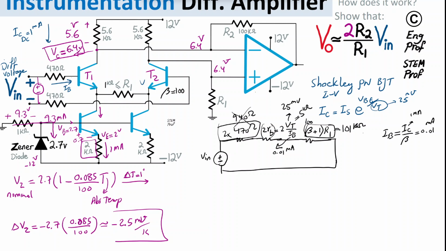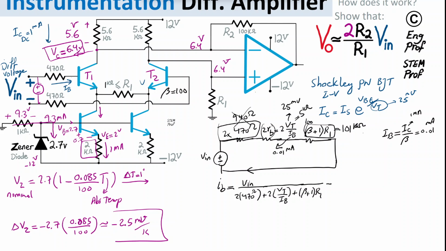In summary, even if we consider beta more than 100, which is usually the case, the current that flows through the base because of Vin can be computed by Vin divided by 2 times 470 ohm, plus 2 times Vt over I base, plus beta plus 1 times R1.